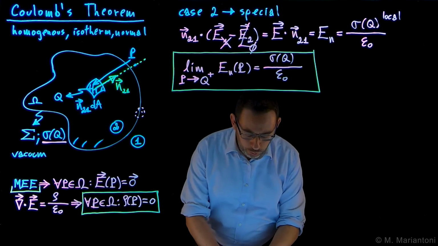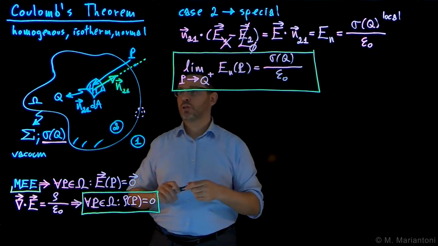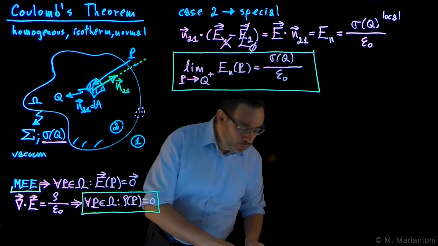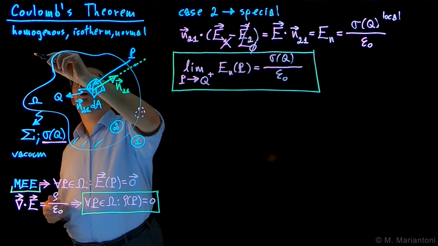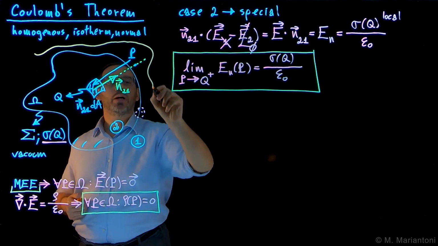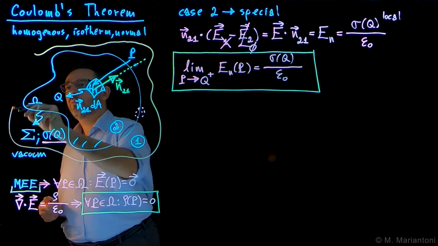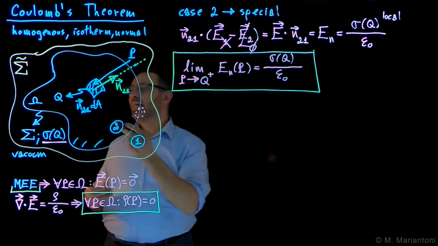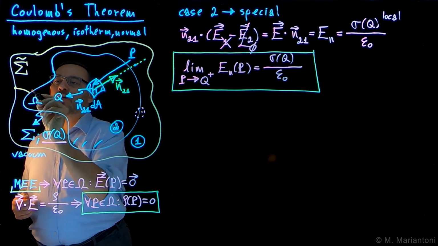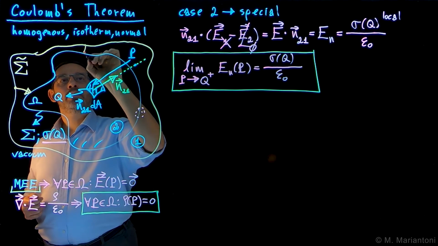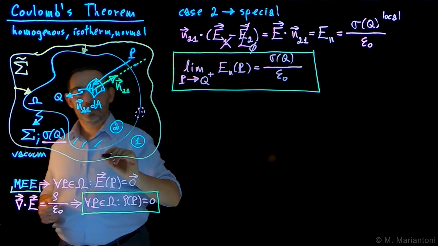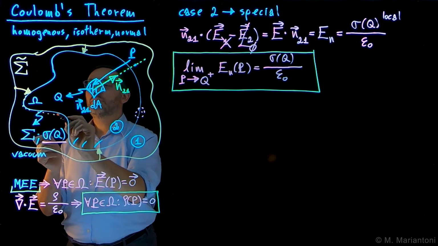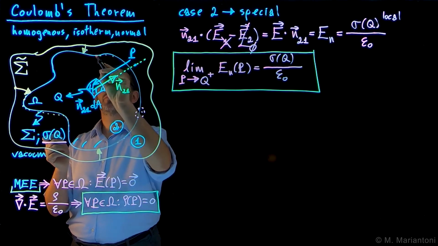Now let me introduce, before looking at the second part in local form, a few definitions which are worth introducing here. So typically, we define a super surface, capital Sigma tilde, which we already defined, for example, when we proved Gauss's theorem. So we call this capital Sigma tilde. Eventually, for example, in the limit that the point on this surface reaches the surface capital Sigma, for each point on this capital Sigma tilde, if we do the limit everywhere, of course, eventually this capital Sigma tilde becomes nothing but capital Sigma.